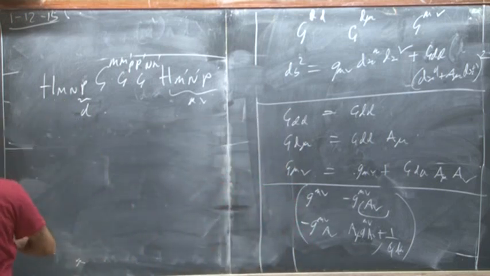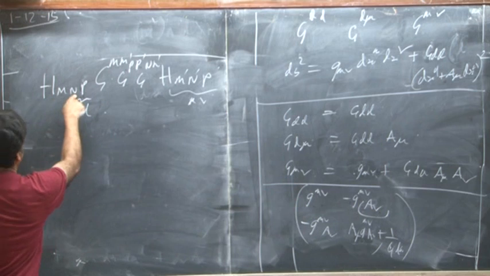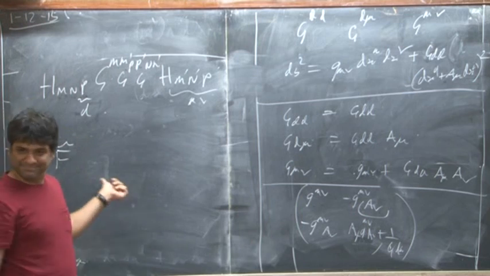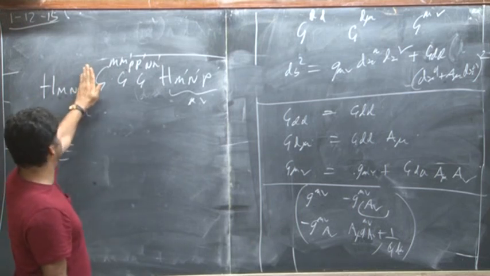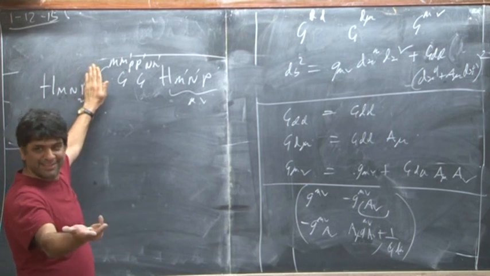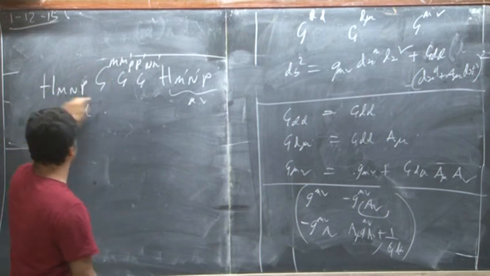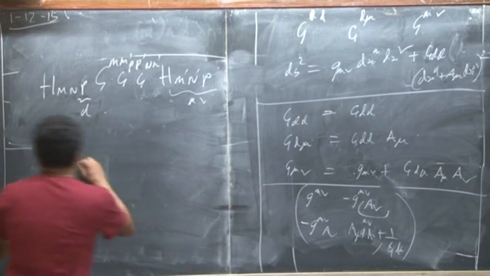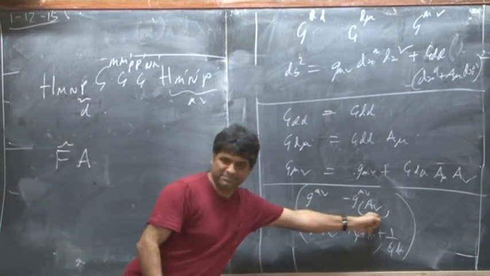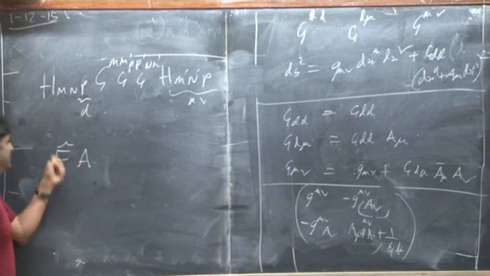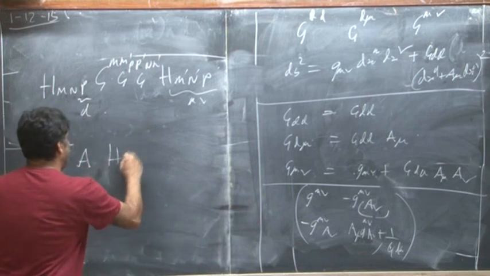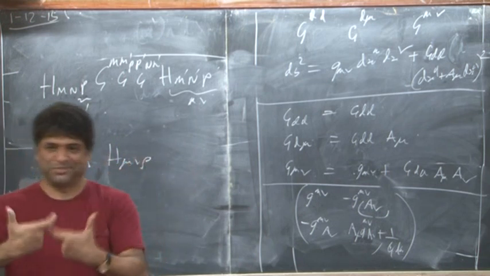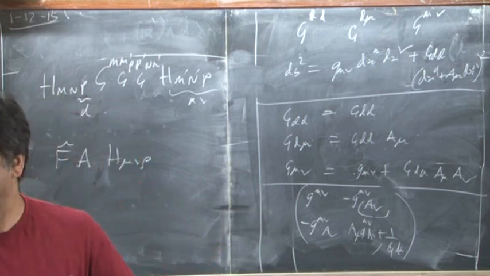So this object would be H mu nu D, and that's what we had earlier called an F tilde, because F tilde was the field strength of the lower dimensional gauge field, and its field strength is H mu nu D. And then from this g, we get the A. So you see the structure coming: the F tilde, A, and H mu nu. We get two such terms, so those are the two cross terms in this H tilde square.